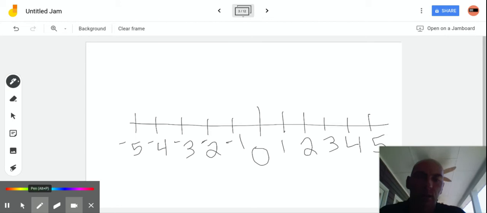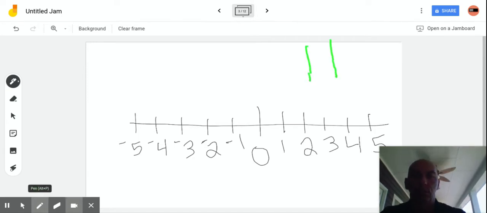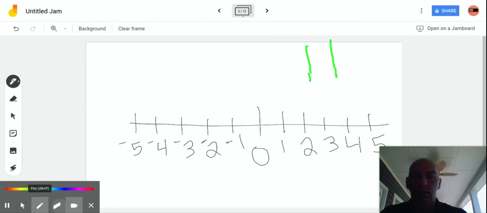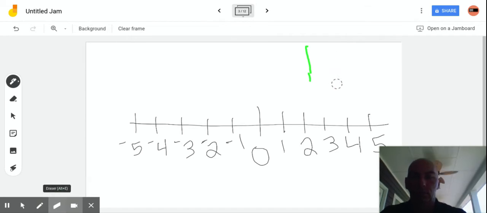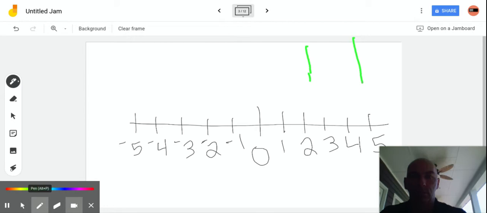Basically the absolute value means how far away from 0 on the number line is that number. So we had the absolute value of 5.